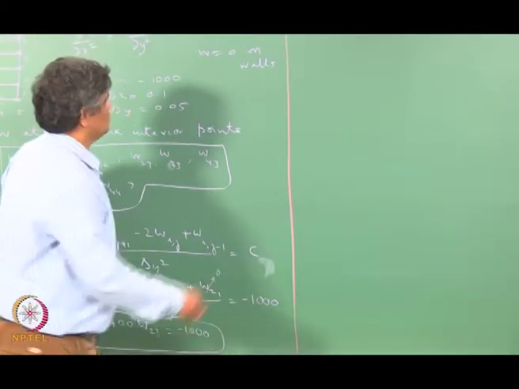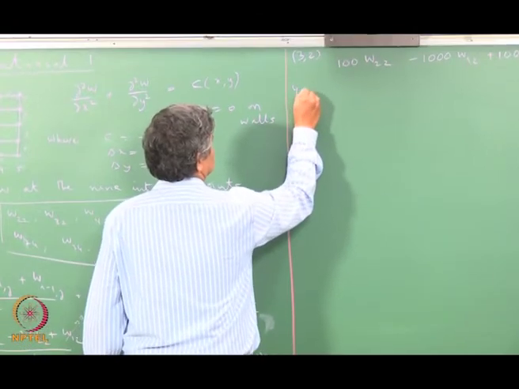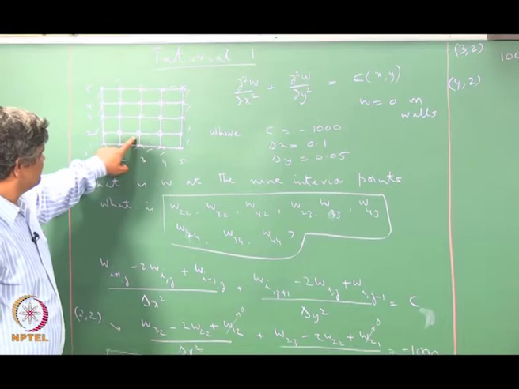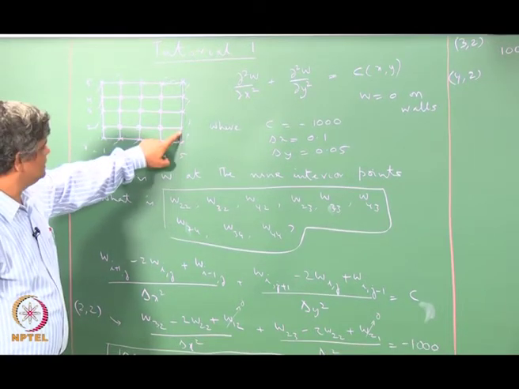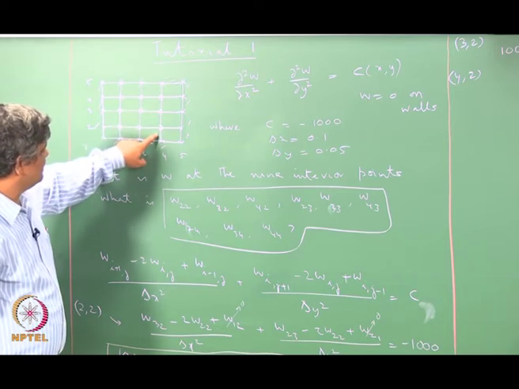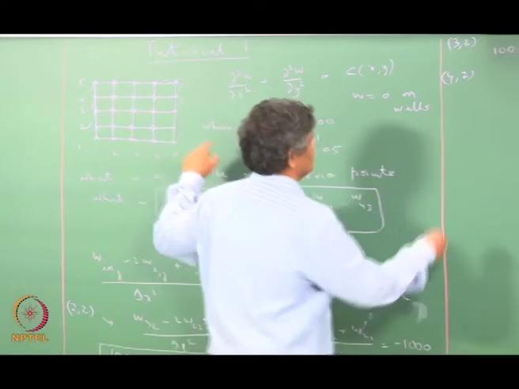Now we go to 42. 42 is this. So we get this one with 100, this one is 0, and this one with 400, and this will have 1000.